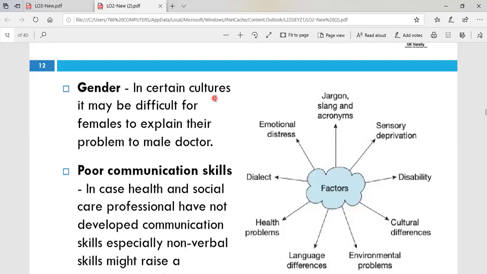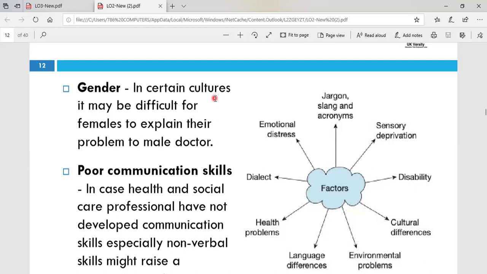In that case, you would ask that patient if they're okay to express their problems to you. Otherwise, you could arrange for another person to be there, or another person instead to handle that patient.